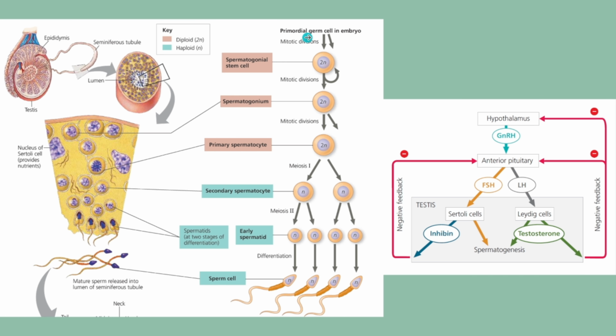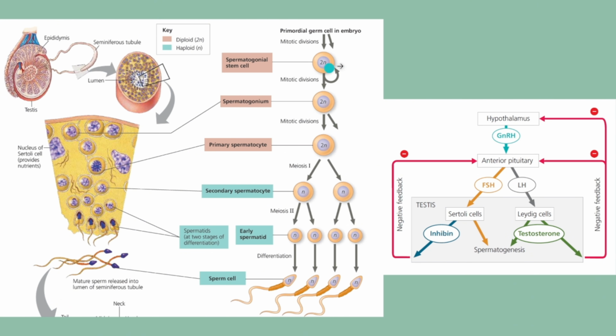First of all, you will have the primordial germ cell in the embryo stage. During the embryo stage, they have the primordial germ cell, which will undergo the mitosis process to form the spermatogonial stem cell. So this is during the embryo stage, during the baby stage. It forms the stem cell first.